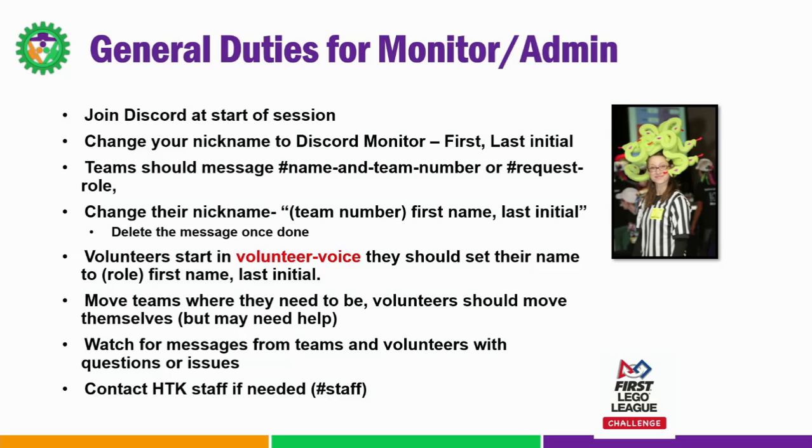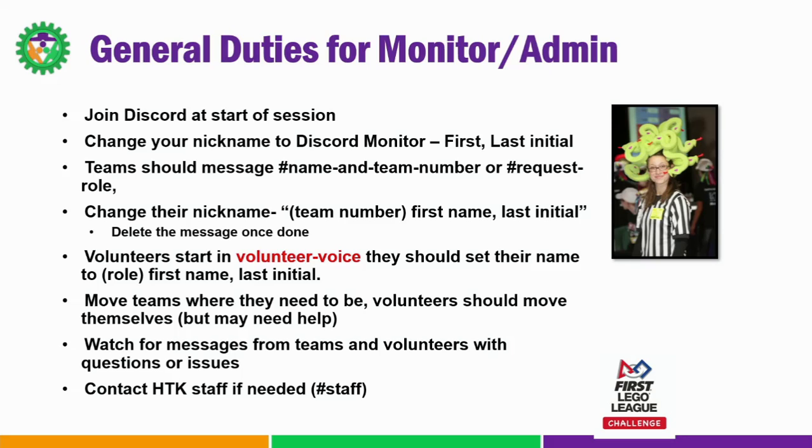When teams come in, there's a couple of different ways. One, a different way between First Legal League and First Tech Challenge, that they ask for a role, and they don't have permission. They may not have permission to change their name, and so you may have to set their nickname.